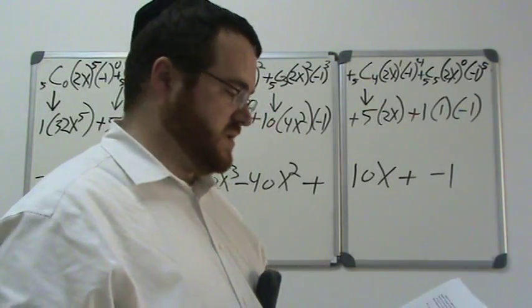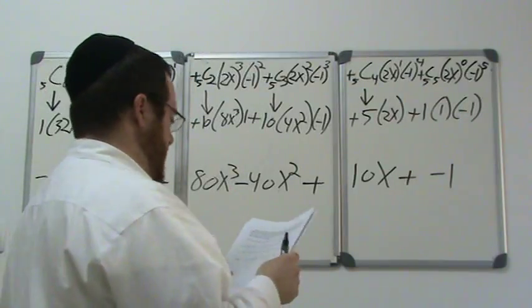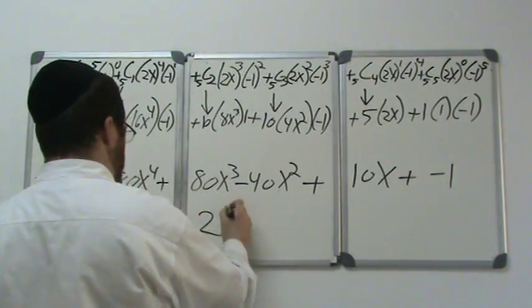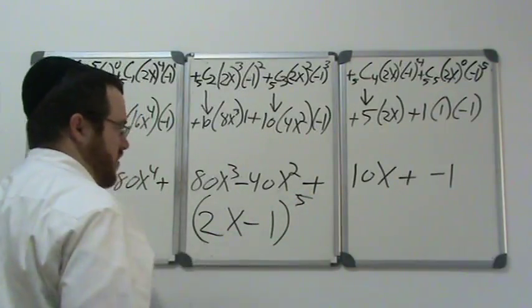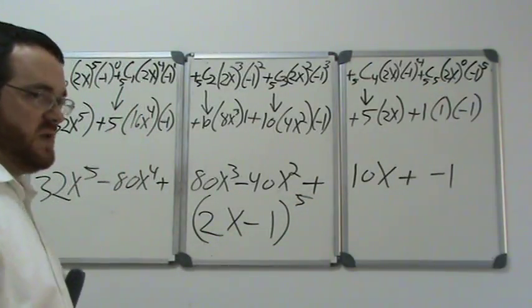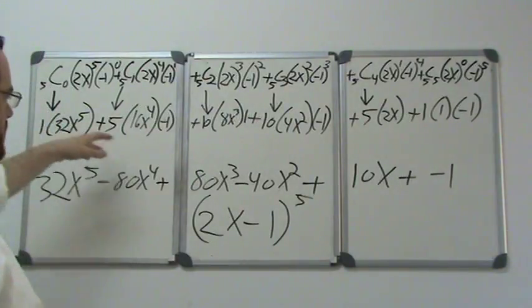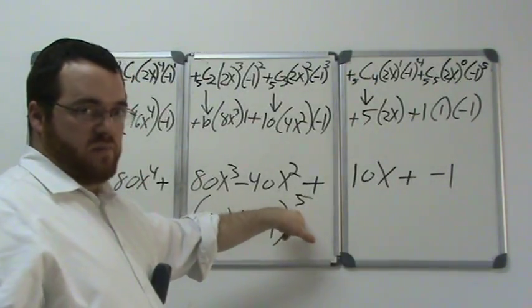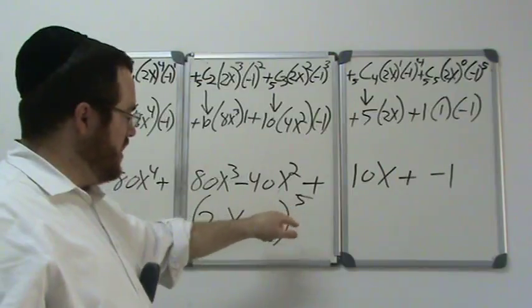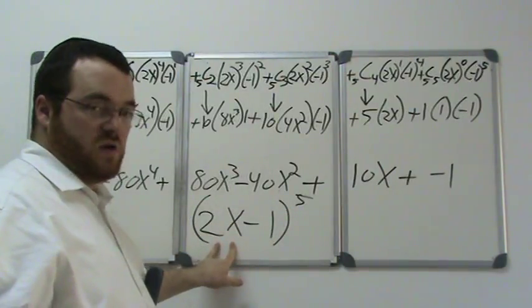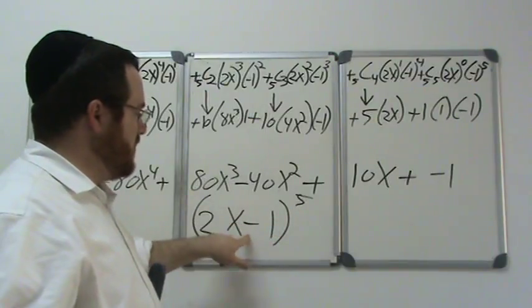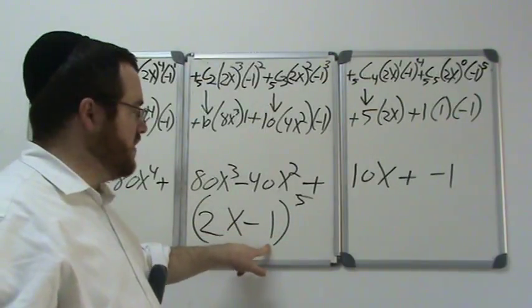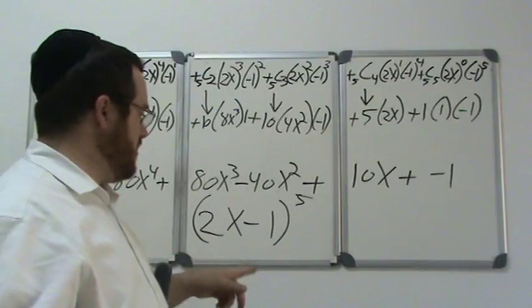Question 36. Write the binomial expansion of 2x minus 1, and that whole thing is to the fifth power. The way you write a binomial expansion is you start with the power that everything's raised to, and you take the first term, which is 2x, and that has the power of 5, and the second term, which is negative 1, give that a power of 0.